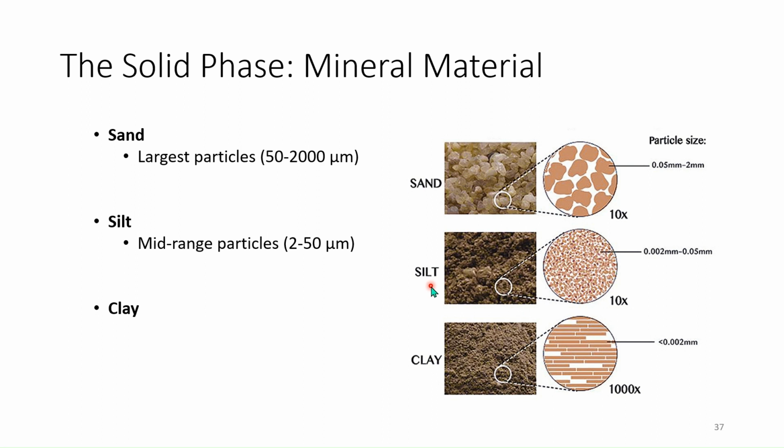We described sand as kosher salt. Silt is more like finely ground pepper, where you can still see little pepper particles there. Or if you've ever brewed coffee before, finely ground coffee, like that you would use for espresso. So it's still a little grainy as you run it through your fingers.